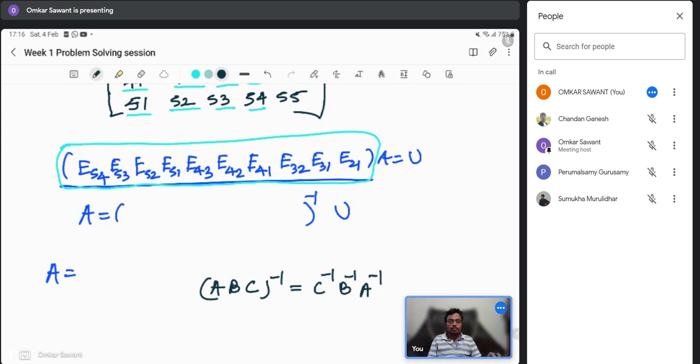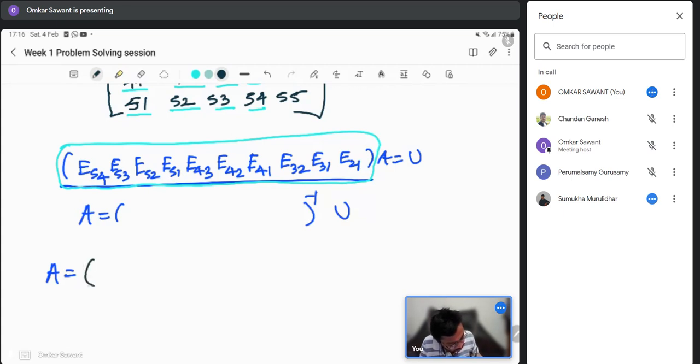Do you know this? So exactly in the reverse order. So when they ask you to represent A in terms of the upper triangular matrix, what will you write? Exactly reverse, right? Is it clear?